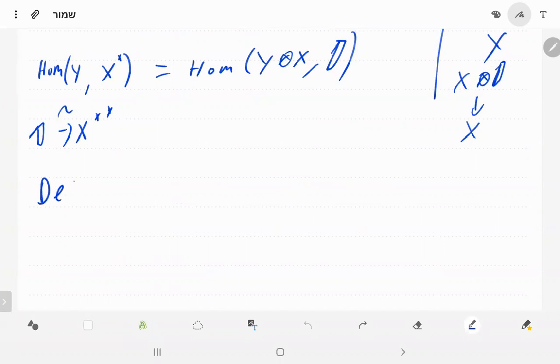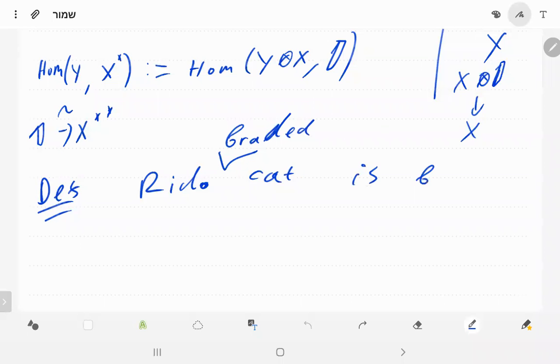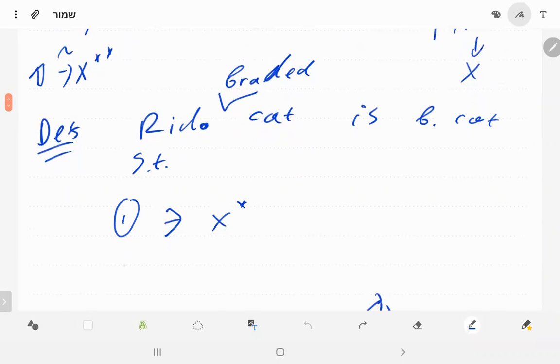So, definition: a rigid category is a braided category such that for each x there exists x star, and the map from x to x star star is an isomorphism.